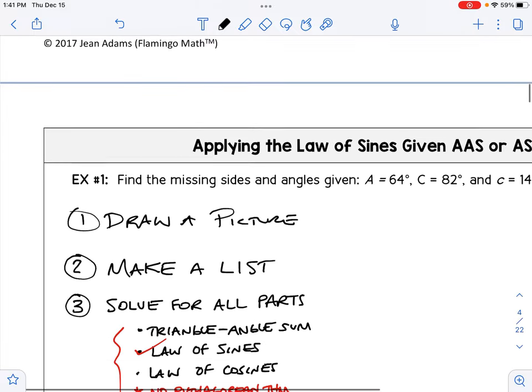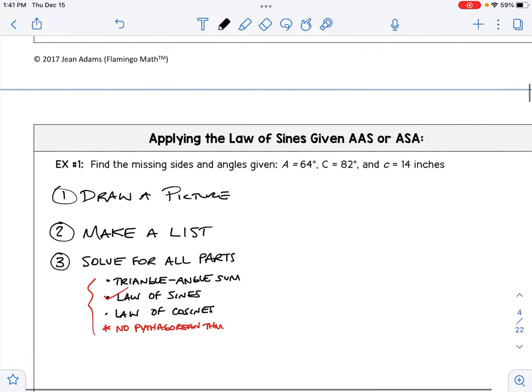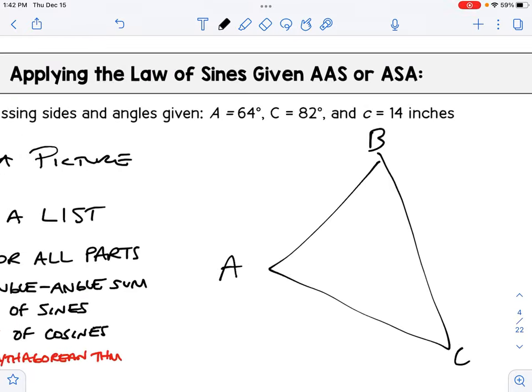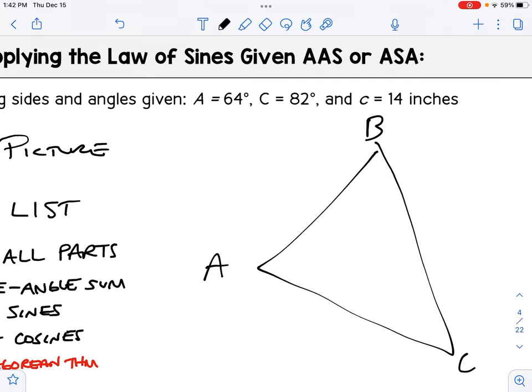Here are the steps that I'd like you to follow as you solve a triangle using law of sines. Step number 1 is draw a picture. So we're going to draw a random picture here of triangle ABC. Which one you label as which is arbitrary, as long as the sides match up with the angle. So angle A is 64, angle C is 82, and side C is 14.